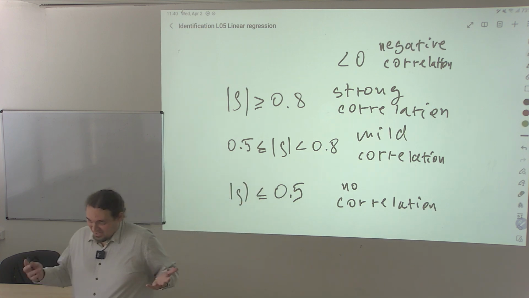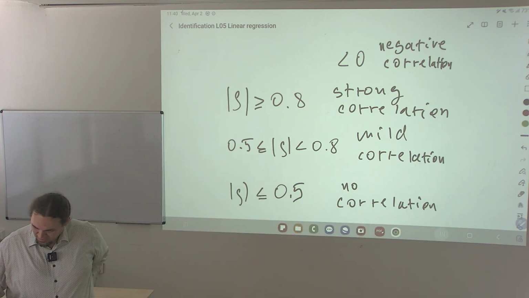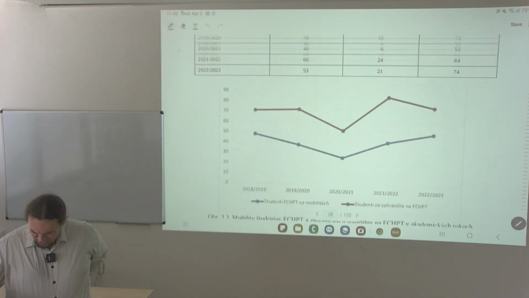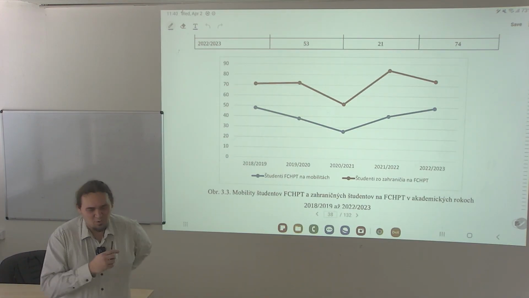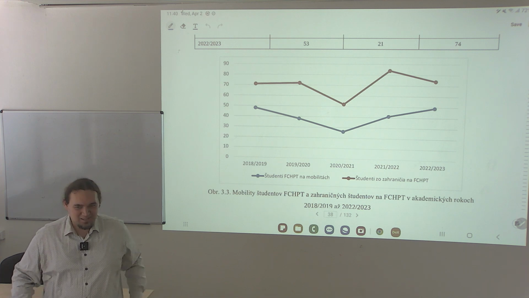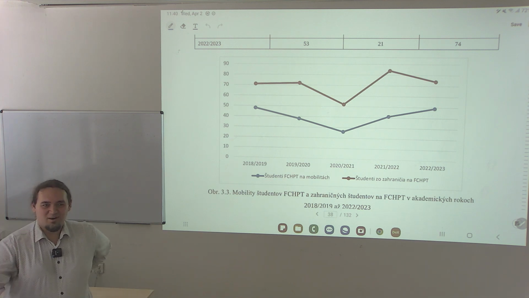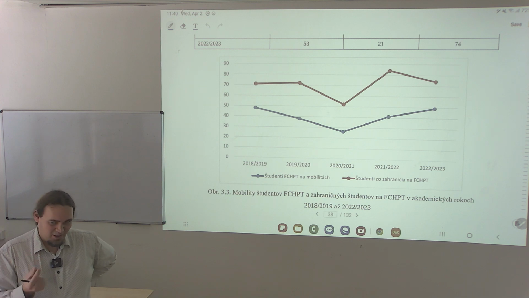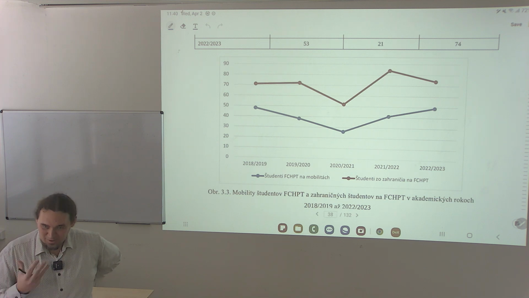So it is suggesting there is some correlation, but then the question would be, does it make sense that these variables are correlated? Is this just correlation, or is this causality?